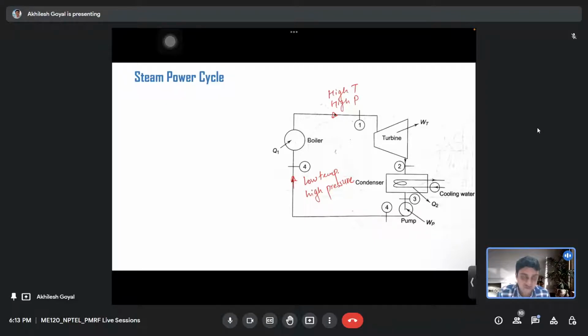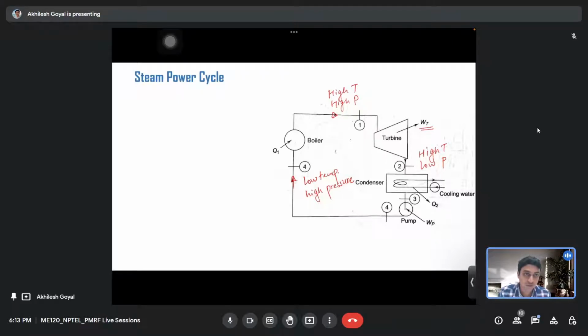Then this steam goes to the turbine, and the turbine work WT is received, and this high temperature high pressure steam becomes high temperature low pressure steam or vapor.